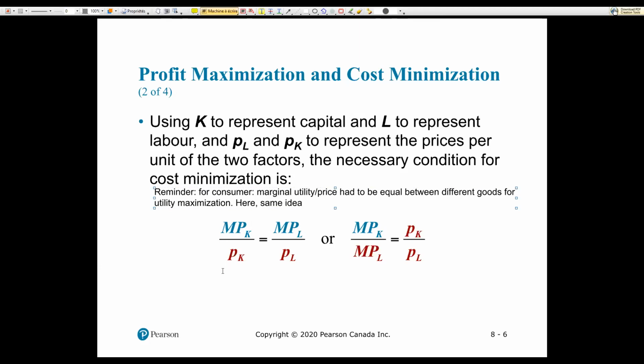So imagine that I can decide to hire one extra worker or buy one extra machine. That extra worker costs me like 20, and is going to produce 10 Big Macs. So I'm going to get 10 Big Macs divided by 20.